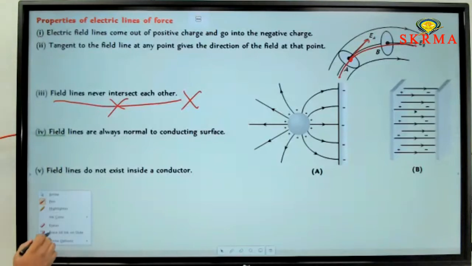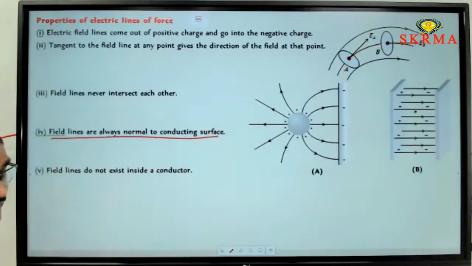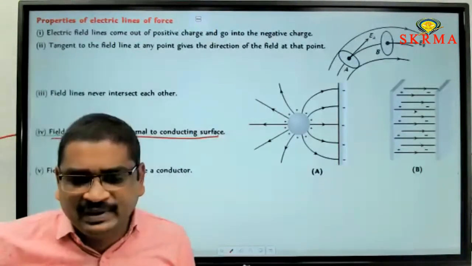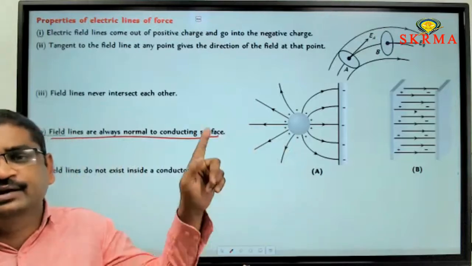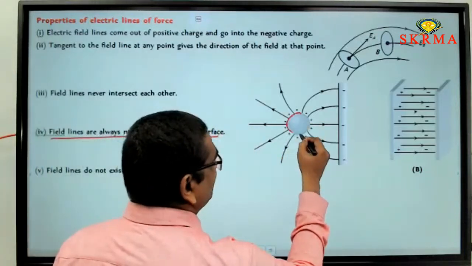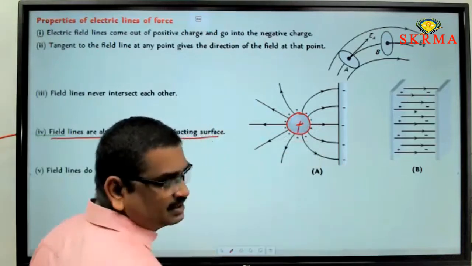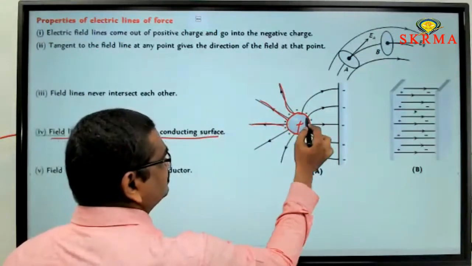Next, electric field lines are always normal to a conducting surface. For any surface, the electric field line should be perpendicular. This is a spherical surface or a positive point charge, and we draw like this.